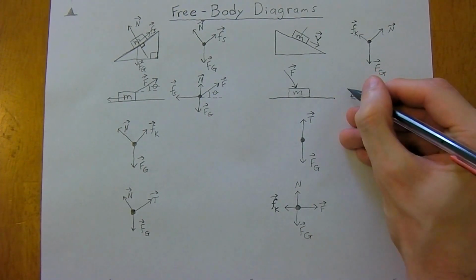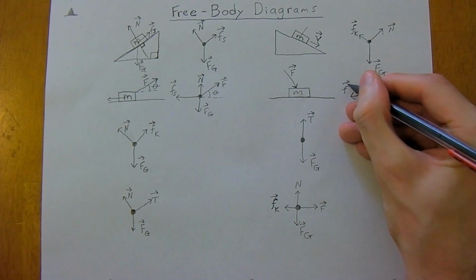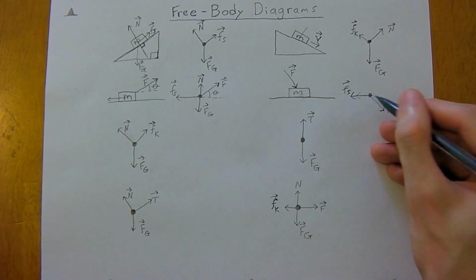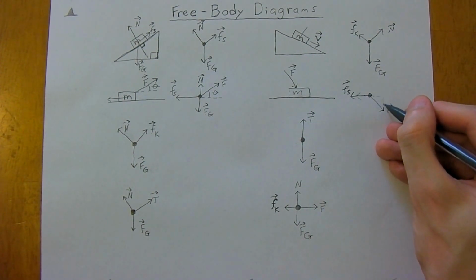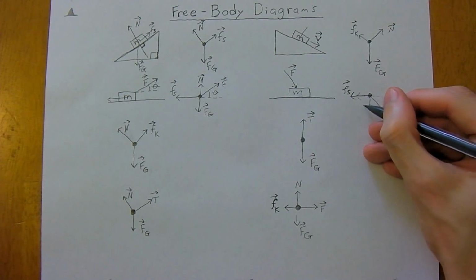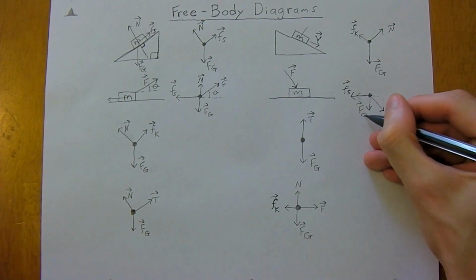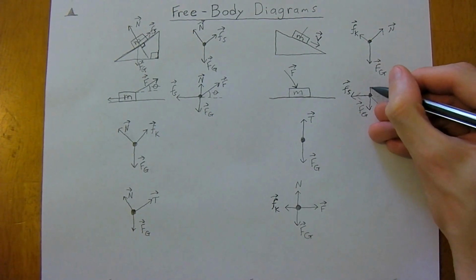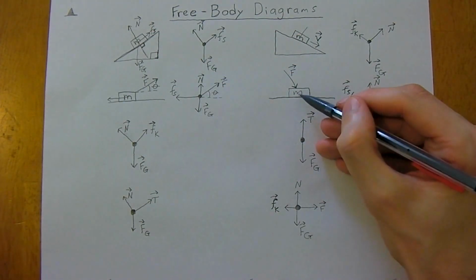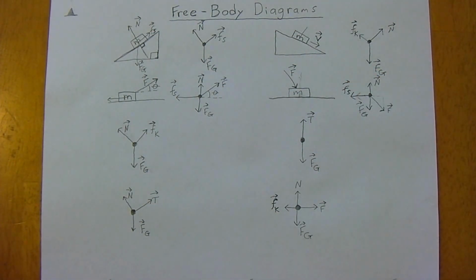This vector, the force of static friction, because it's not moving, needs to cancel out the x component of this force here. Then you have force of gravity and the normal force pushing perpendicular up to the surface.